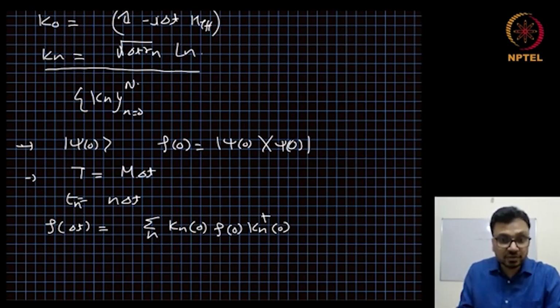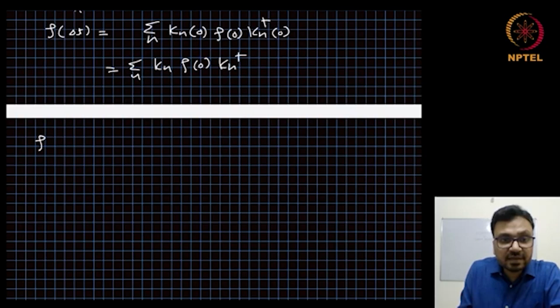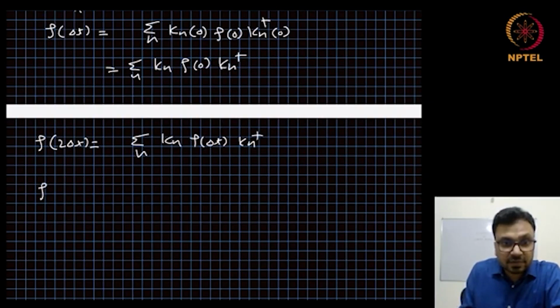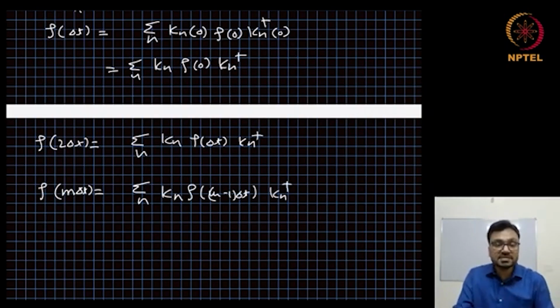So this Kn will not change: it is sum over n, Kn, rho of 0, Kn dagger. And from there we can have rho of 2 delta t, which is sum over n, Kn, rho of delta t, Kn dagger. Similarly, rho of m delta t will be sum over n, Kn rho of m minus 1 delta t, Kn dagger. In that way, we can evolve the state in the discrete times from the start to the end.